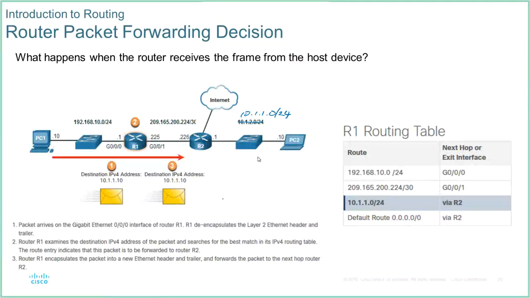So it will send any traffic for 10.1.1.0 out of this interface to router 2 so that router 2 can then forward it on to this network and ultimately to PC2.